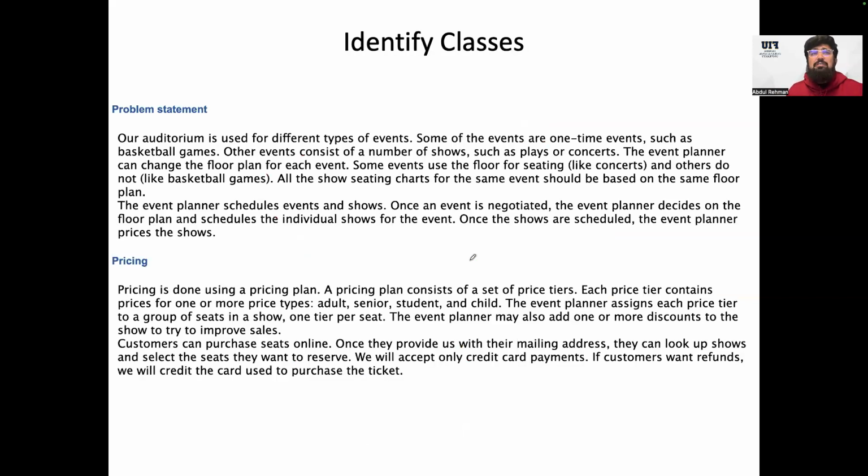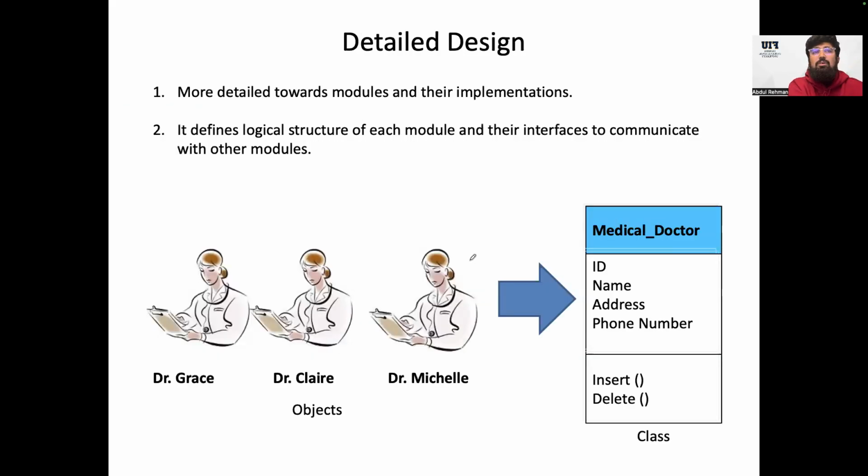This is a statement that I have given to you, and I ask you to read it, pause the video, and identify what classes could come out of these statements. I have already given you the explanation, but when you want to convert that doctor object into a class, how do you do that?